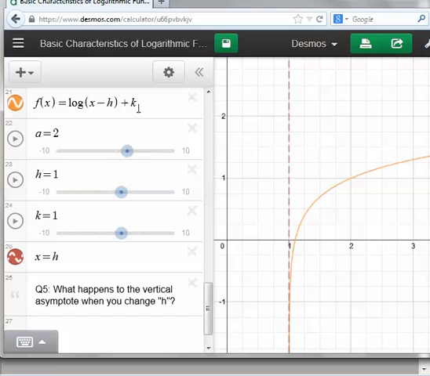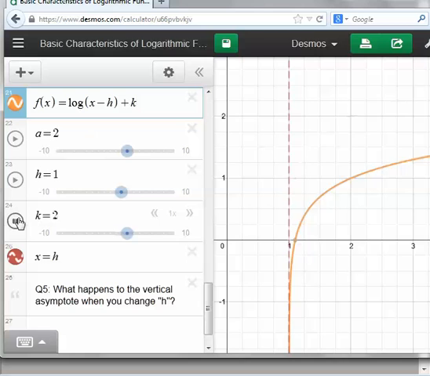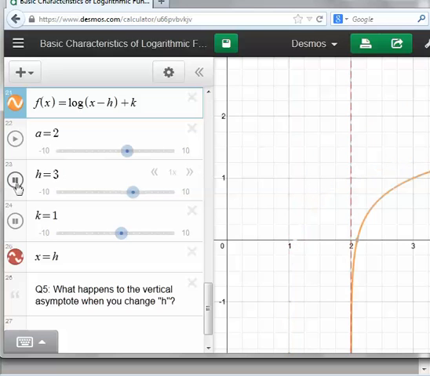So let me run this graph based on different k values. Notice that as k changes, the graph goes up and down. Okay, let me stop it right here. And if you guys change h, notice as h changes to different numbers, the vertical asymptote also changes.